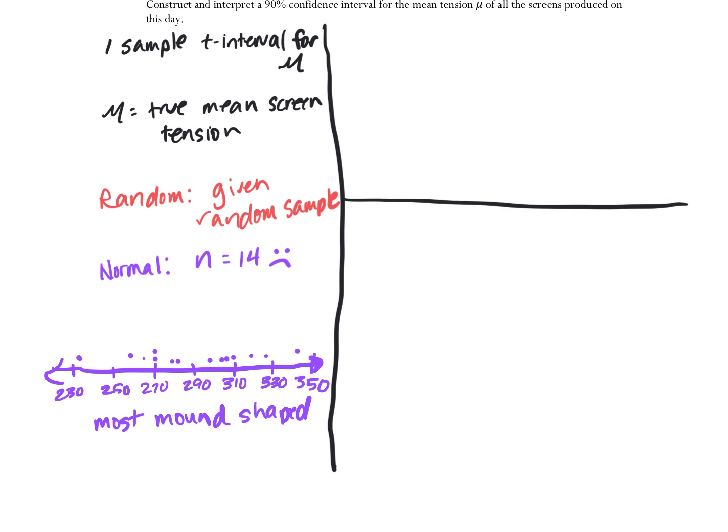So imagine if I made a histogram of this. Okay, I'm going to make that histogram in red so that it stands out. It might look like this. That's what that histogram would look like.